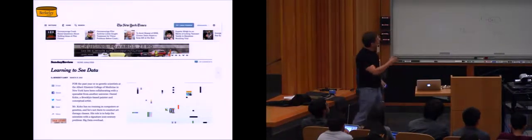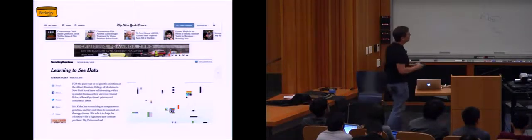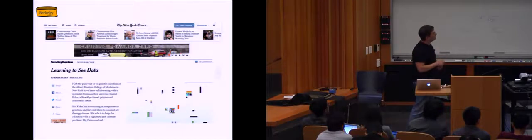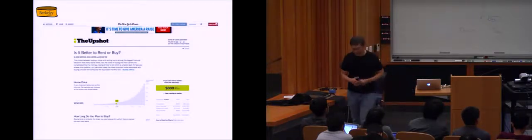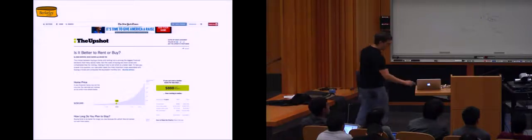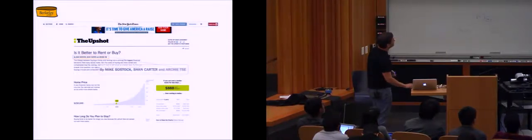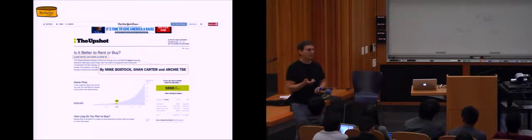And then this is March 27th this year, this Sunday, 2 days ago. There's an article in the New York Times about learning to see data, about how these medical researchers brought in an artist to help them look at their data. And then one of the authors of D3, a guy named Mike Bostock, actually is a reporter at the New York Times. He has his own byline. He wrote D3.js. He wrote a data visualization toolkit you guys will work with.